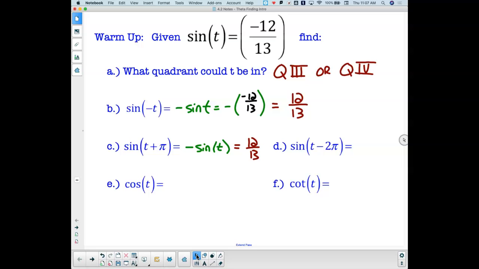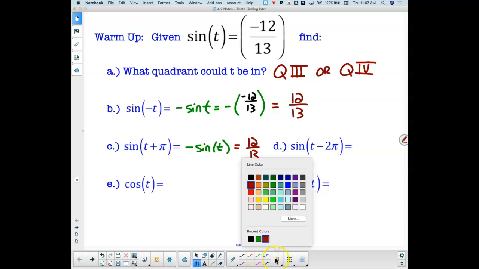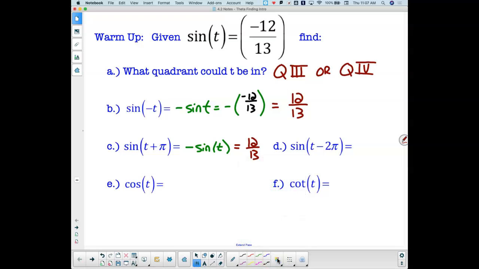Okay. Sine of t minus 2 pi. That's one whole lap around. So that's going to be the same as sine of t. Right? Good so far. Okay.